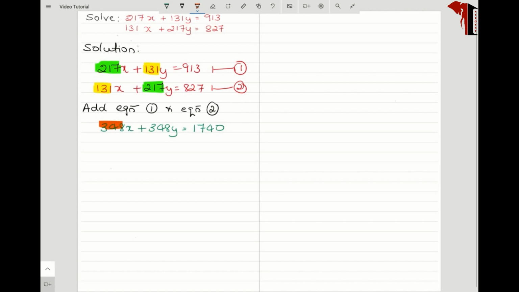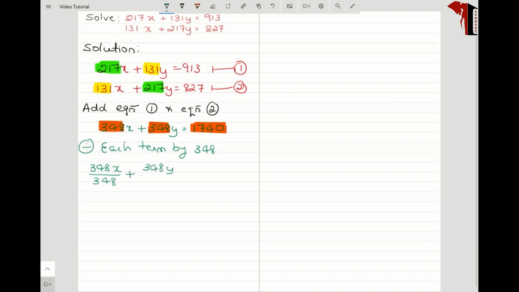See, this 348 and 1740, most of the times they will get cancelled. So what we can do, we can divide each term by 348. Actually, the step which I am going to write now is not necessary, you can skip it, but for the sake of showing it, I'm writing it.